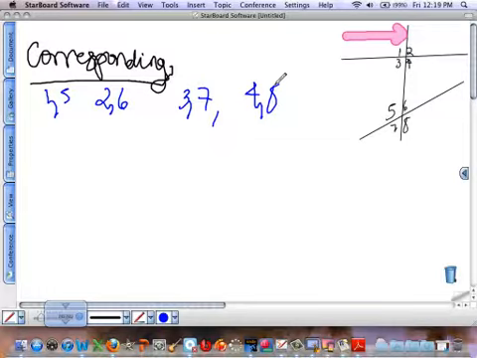So corresponding angles. Who has their definition? A pretty good definition for corresponding. I think they could explain what a corresponding angle is to those of us who are struggling with how to define that. Did anybody come up with one? That's probably the hardest part, actually defining what a corresponding angle is.